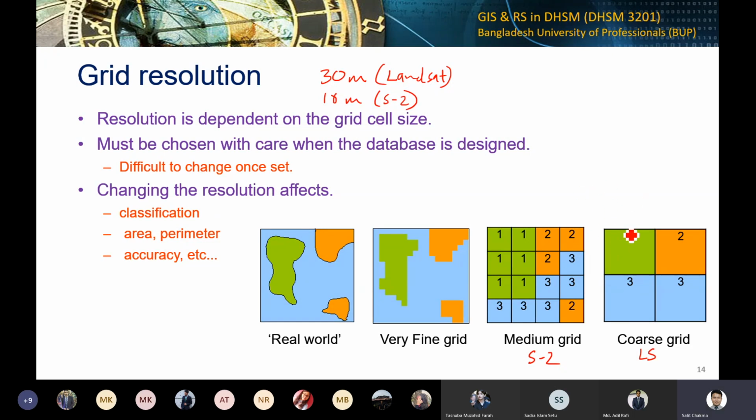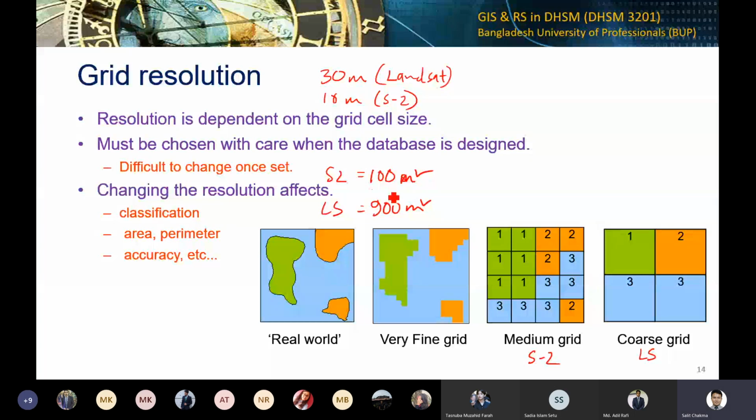So Sentinel-2 means 10 meters by 10 meters, equal to 100 square meters. And if you think of Landsat, it's 30 meters, so 30 times 30 is 900 square meters.